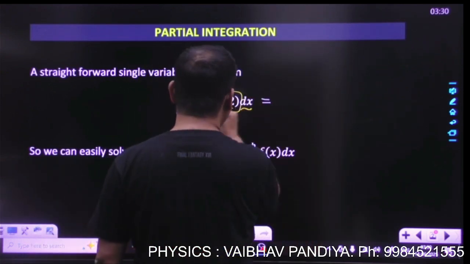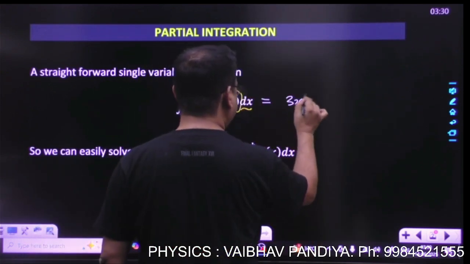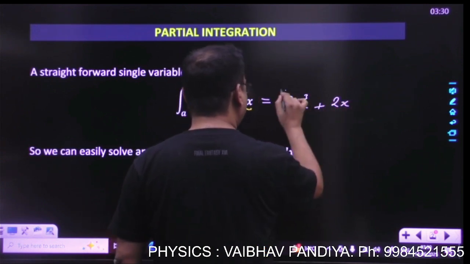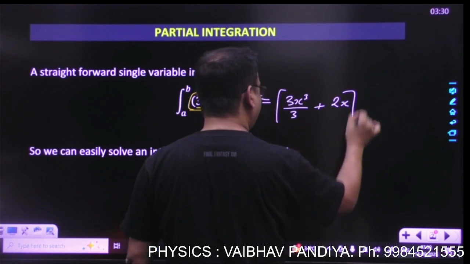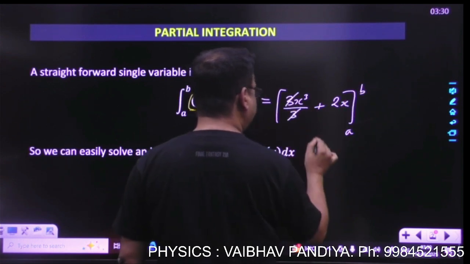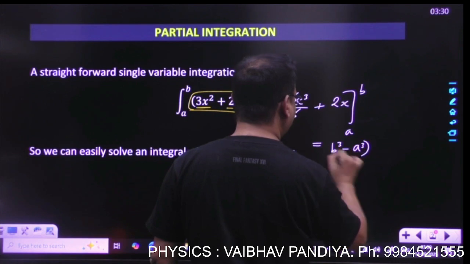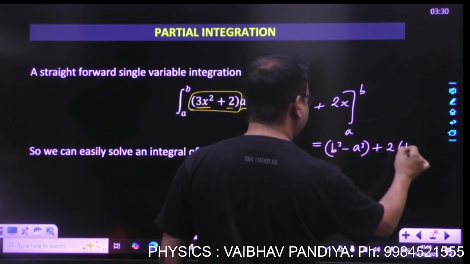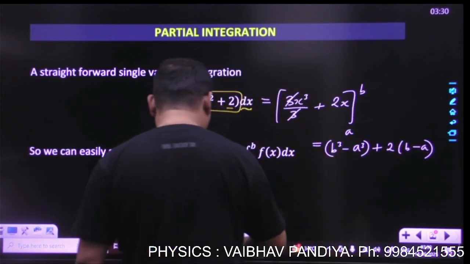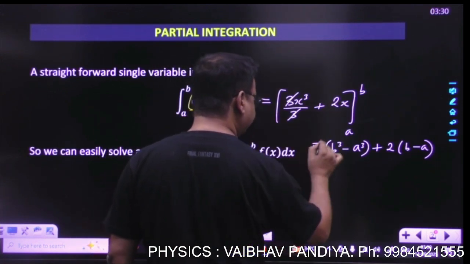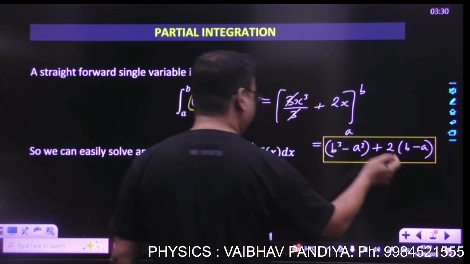Your answer will come to be 3x square will be 3x cube by 3, plus 2 will have the integral 2x, and we will put the proper limit from a to b, and this 3 will get cancelled away. Now you can put the limit, you will get b cube minus a cube plus 2 times b minus a. Of course, you can factorize a further step taking b minus a as a common factor. So this will be your answer, correct?